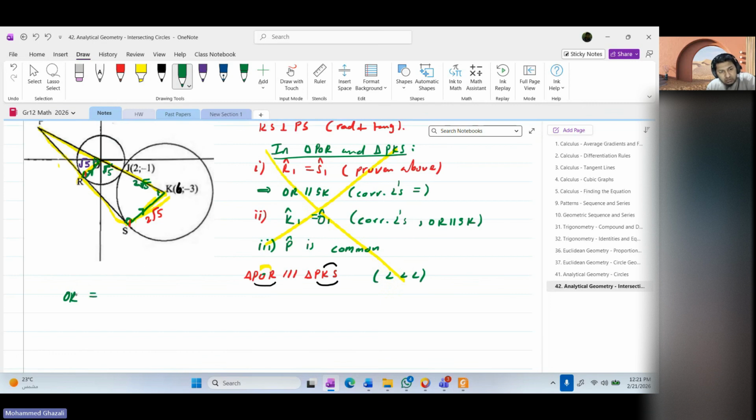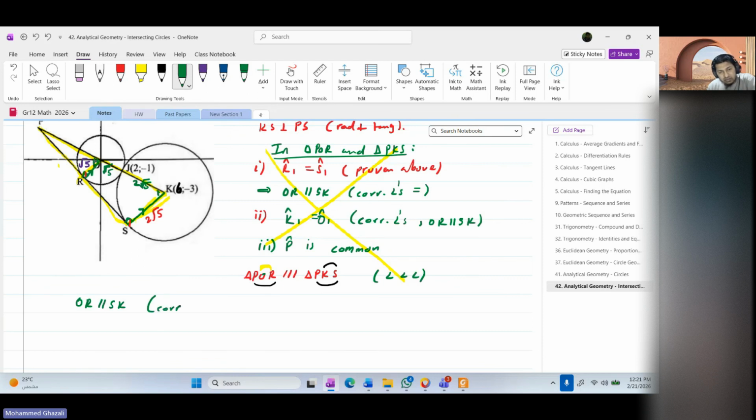What we're going to say is we have to say OR is parallel to SK. That's the only thing I'm taking out from there.